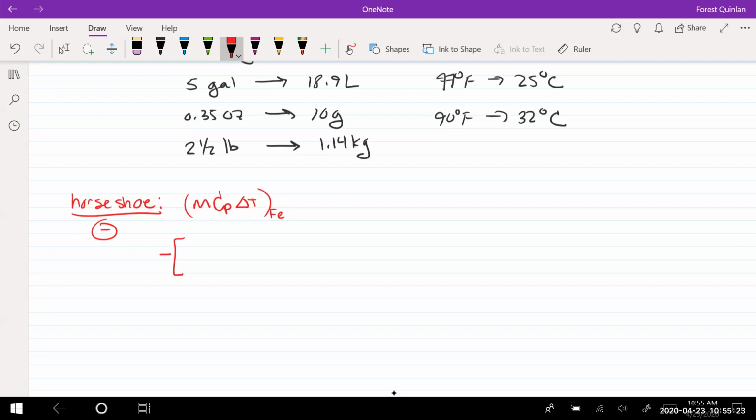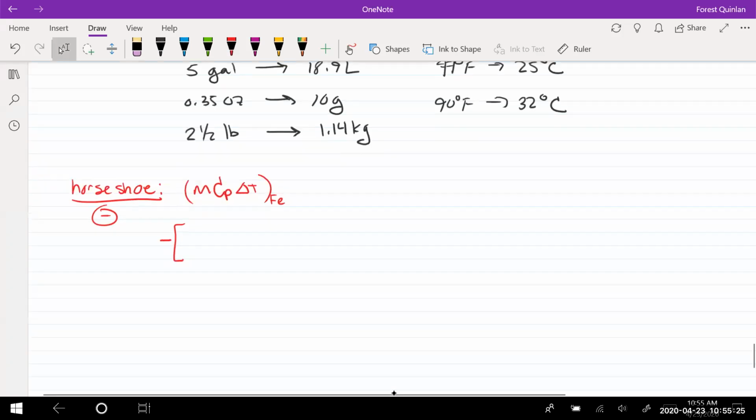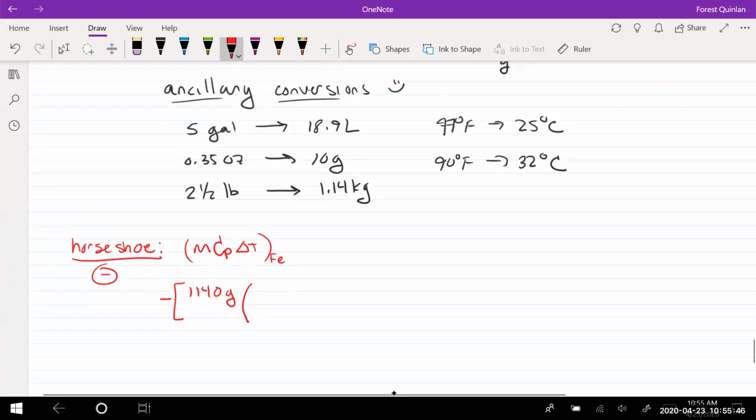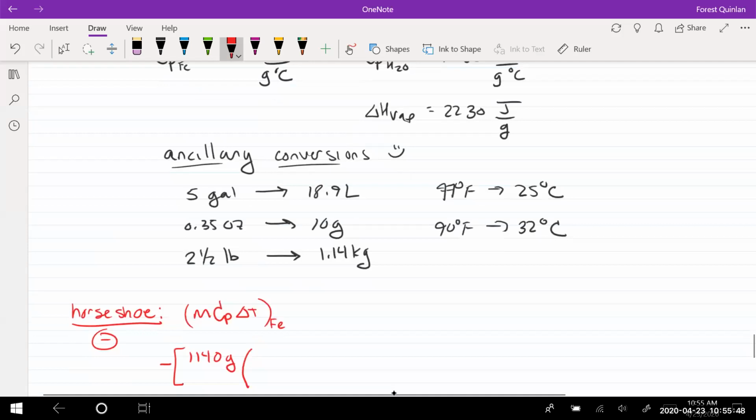What's the mass, Ben? 1,140 grams, is that what you said? 1.14 kilograms is 1140 grams. I wrote down 1.4. Okay. And then we need our heat capacity, which we said was 0.46.